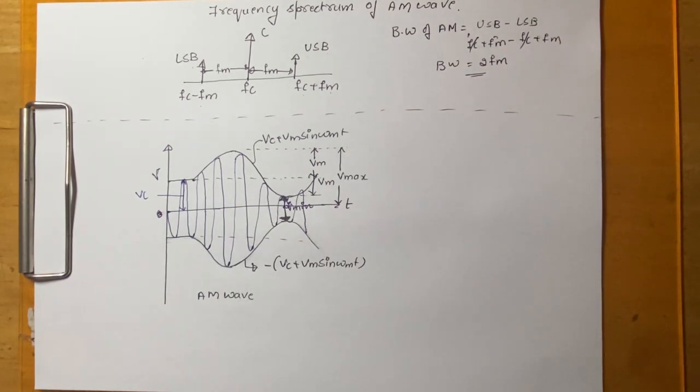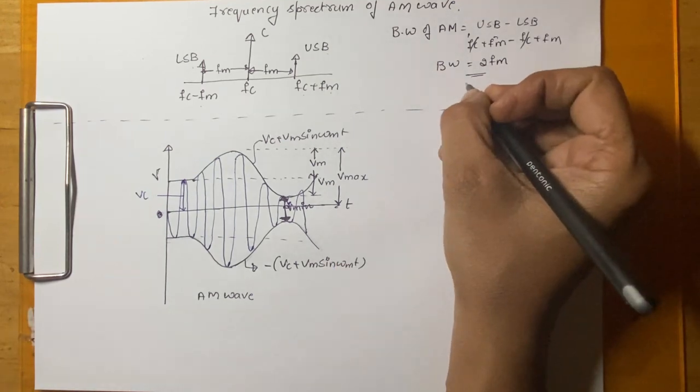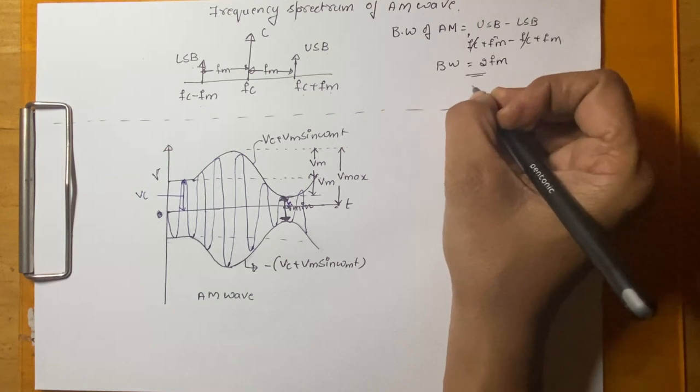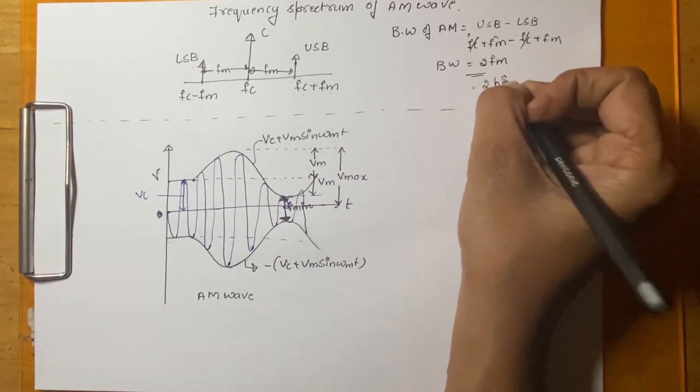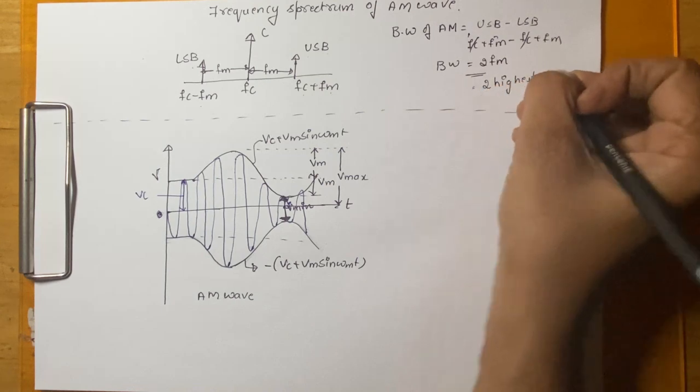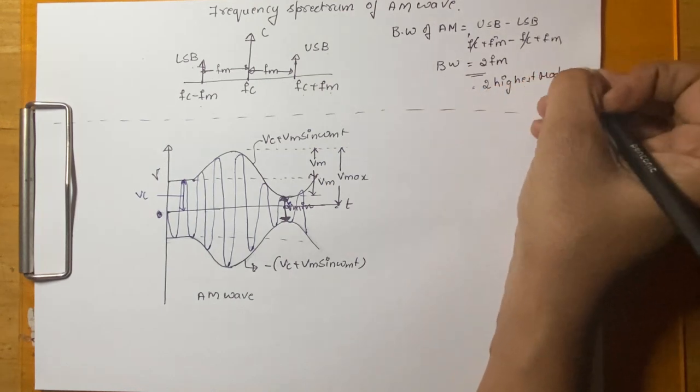If there are n number of sine waves involved in modulation, then the bandwidth occupied by this AM wave is given by twice the highest modulating signal frequency.